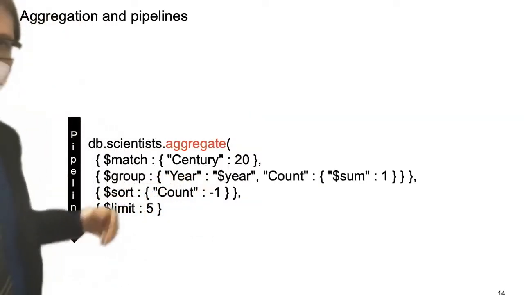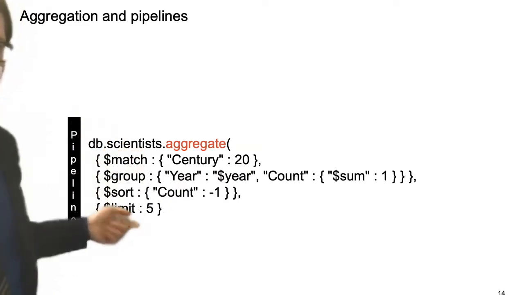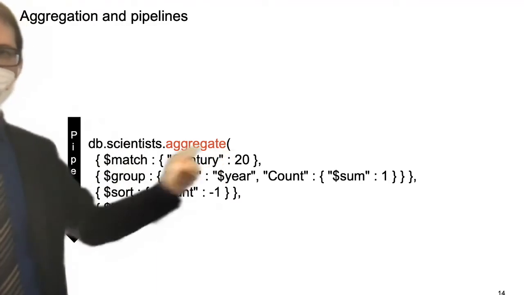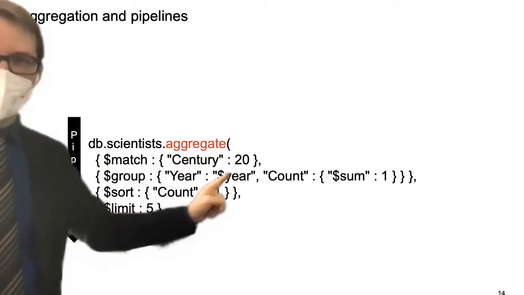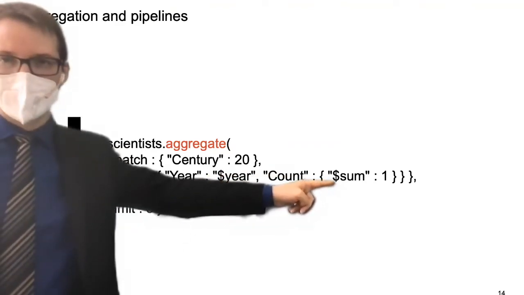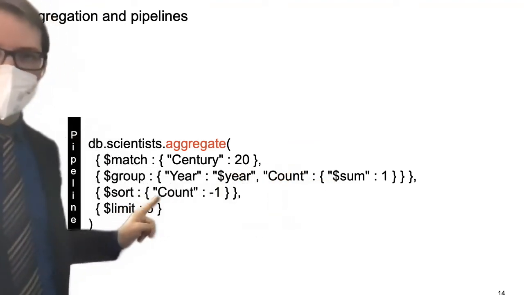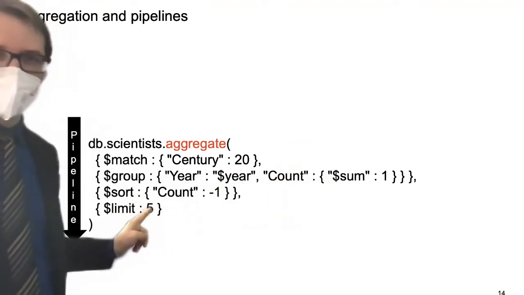And finally, you can also have more complex pipelines, where here what's happening, we look for century being 20. We group by year and then count to the sum of the count field. We sort increasingly by count, and we limit to 5.